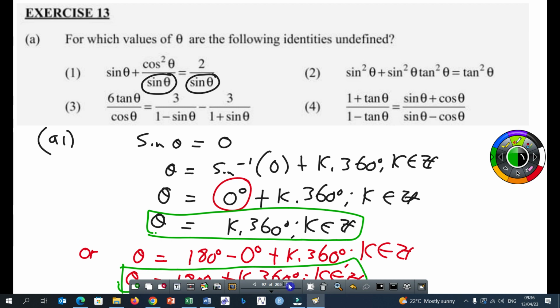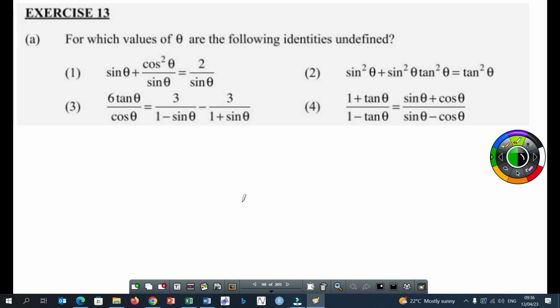So the next one, you see we have got one with tan there. This one here. You see that one? Now, we don't have a denominator.